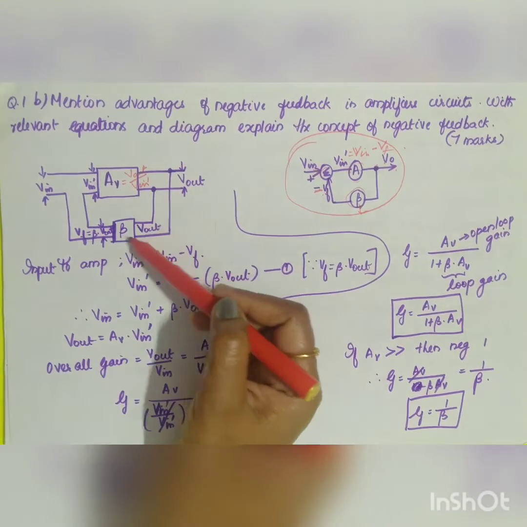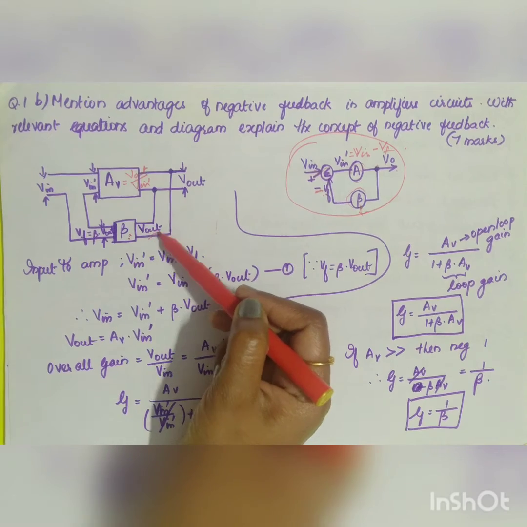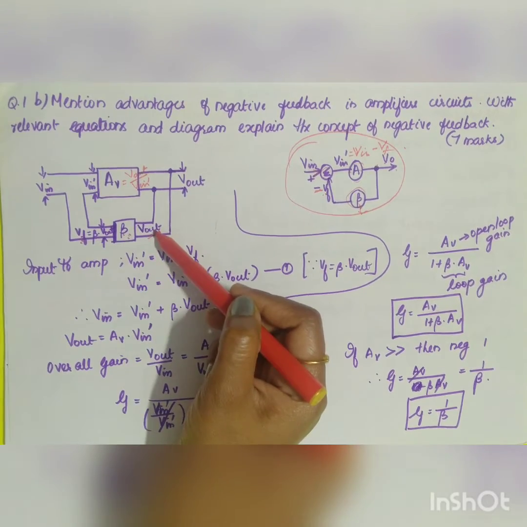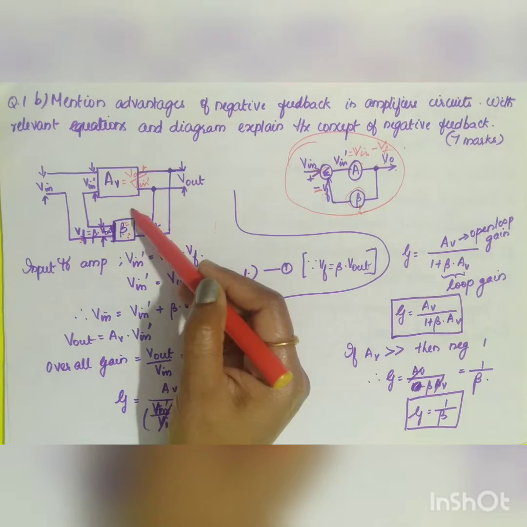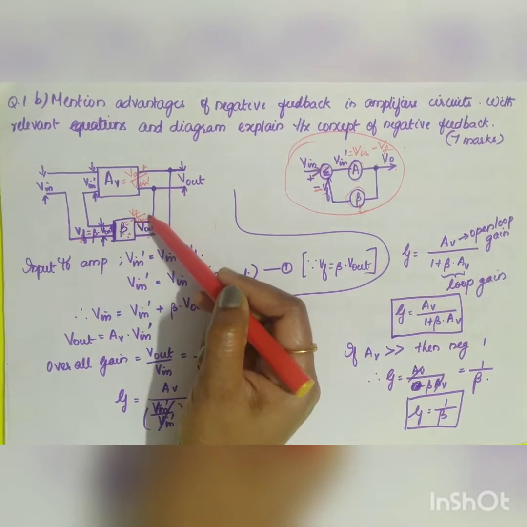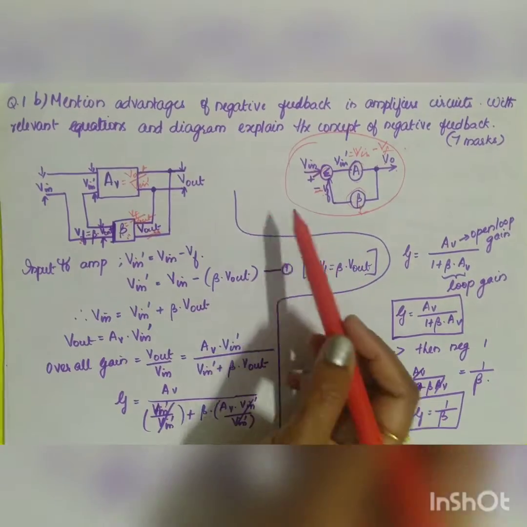And a portion of the output is fed back through beta. Now for the feedback network, the input is going to be your V out, the output is equal to Vf. What will be your Vf? Vf will be equal to beta into V out, or beta will be equal to output divided by input. So what is your output? Vf, right? Vf divided by V out. From this you know that Vf is equal to beta into V out.